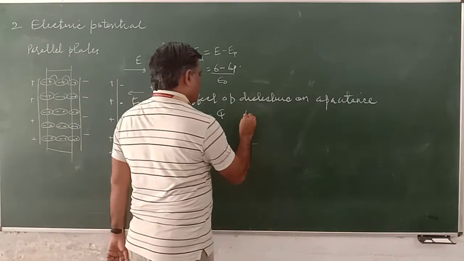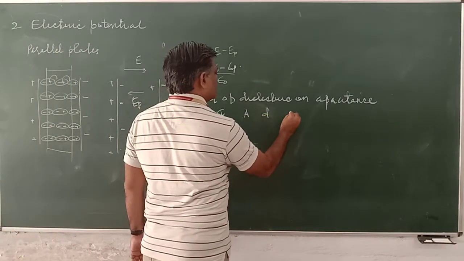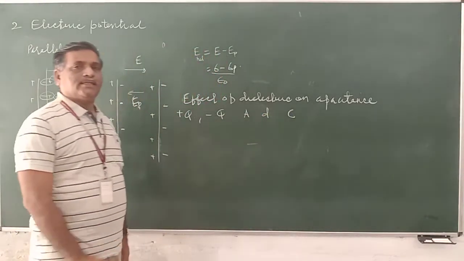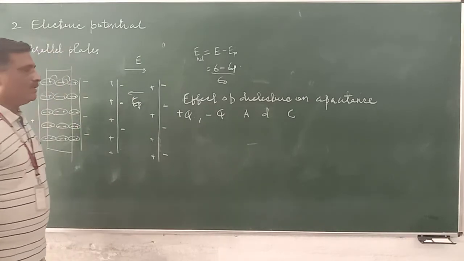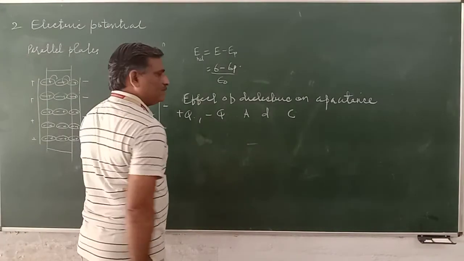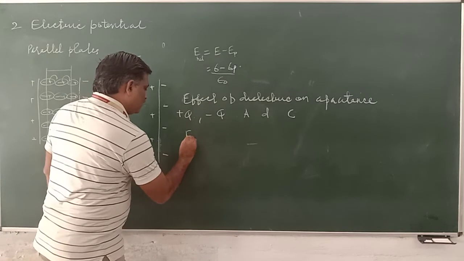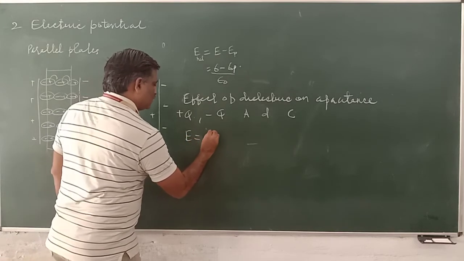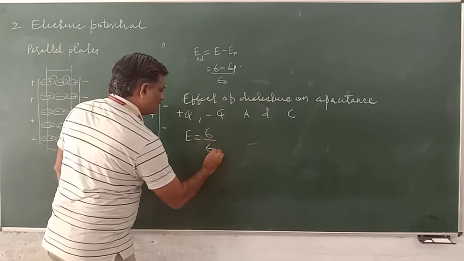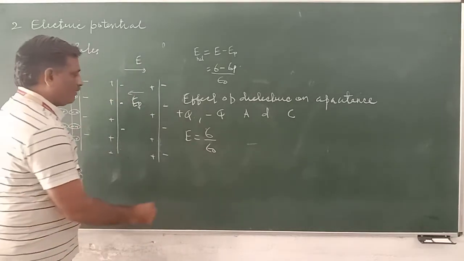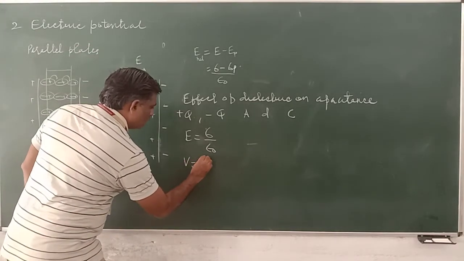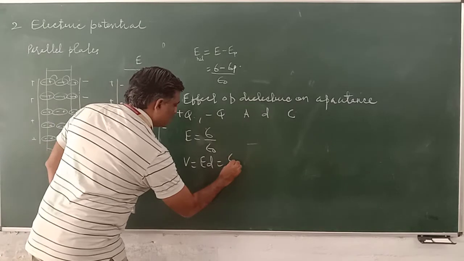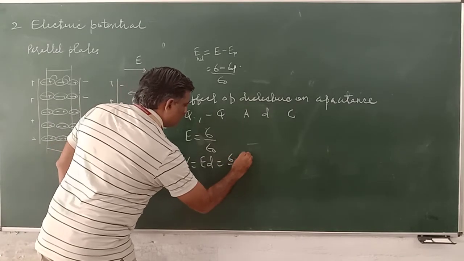A is the area, D is the distance of separation, and C is the capacitance of the capacitor. Therefore, we all know E is equal to sigma divided by epsilon 0. Therefore, V is equal to E into D, which is sigma D divided by epsilon 0.